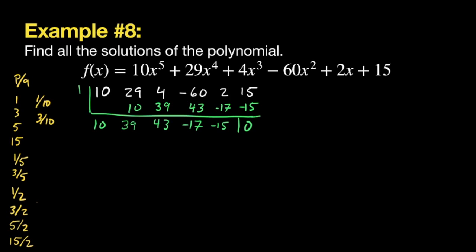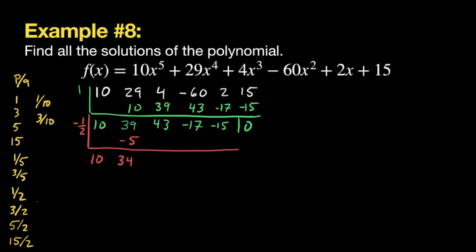If you keep trying numbers, you're going to see that all the numbers are going to get larger and larger if you're using whole numbers. So we actually need to start using fractions. And the fraction that we're going to test out is going to be -1/2. 10 times -1/2 is going to be -5. And this is going to be 34.